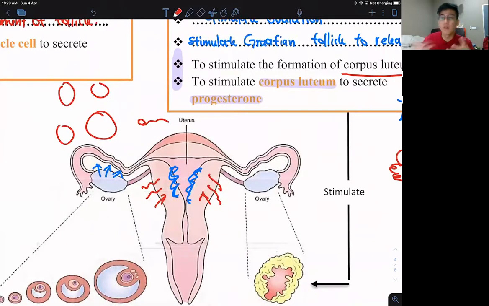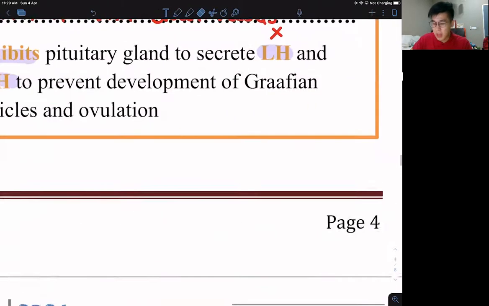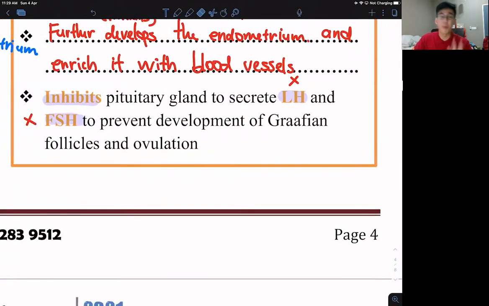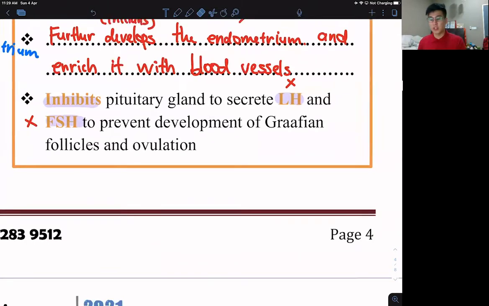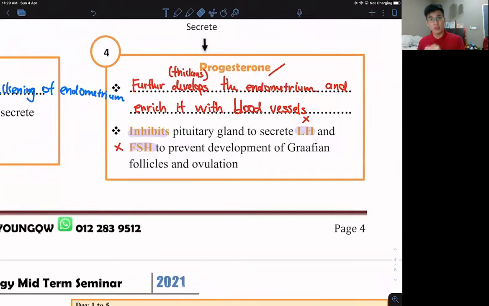Then do you think I'm going to have more than one baby? That's why I need to stop LH, stop FSH to prevent follicle growth and also prevent ovulation. So the menstrual cycle will stop here first. Understand? Okay.